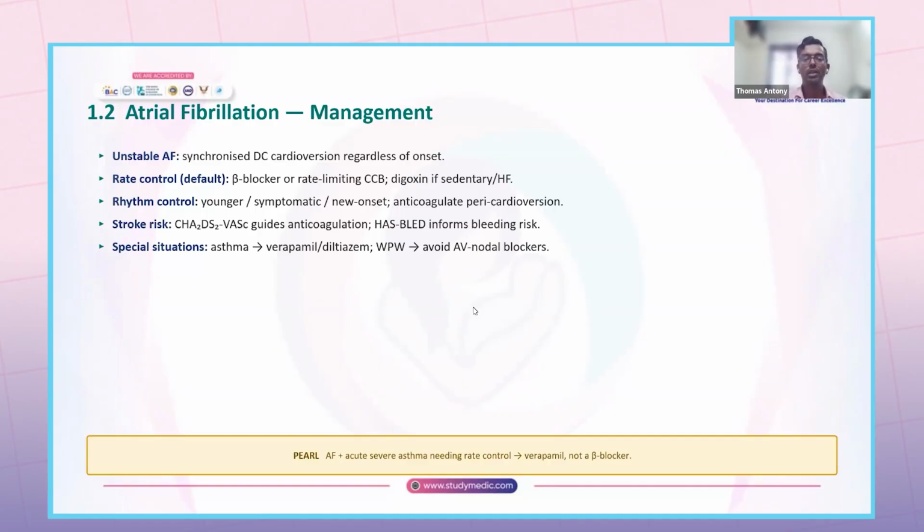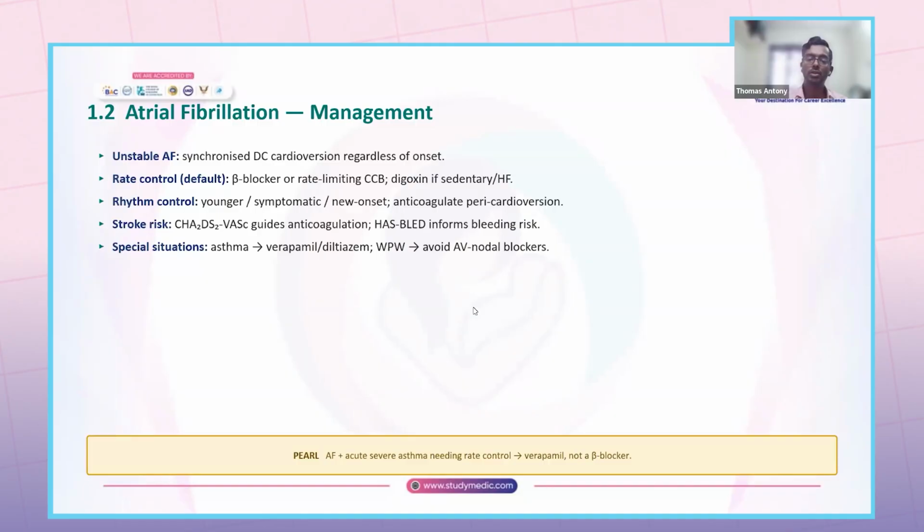Stroke risk we calculate using the CHA2DS2-VASc score, which guides the anticoagulation. The bleeding risk is assessed by the HAS-BLED score. In special situations, like I've discussed before, instead of adenosine we give verapamil or diltiazem, because adenosine precipitates bronchospasm.